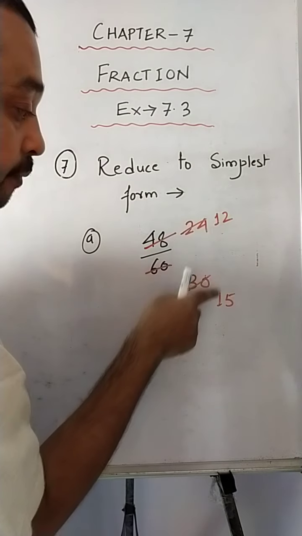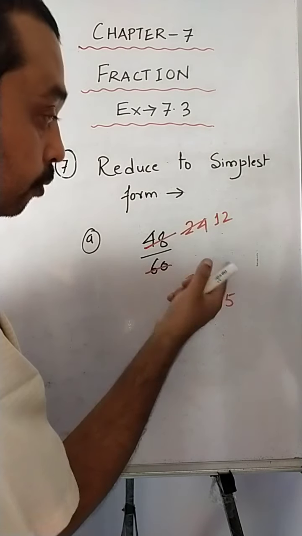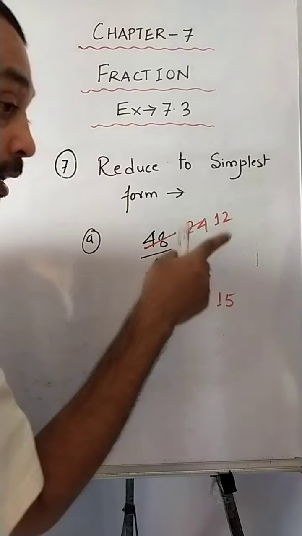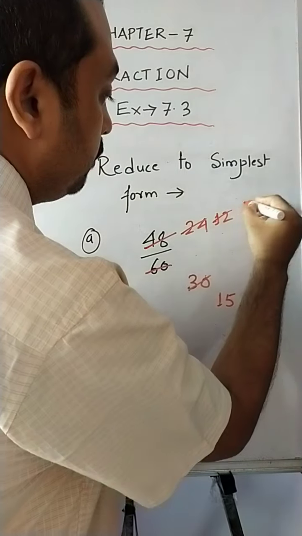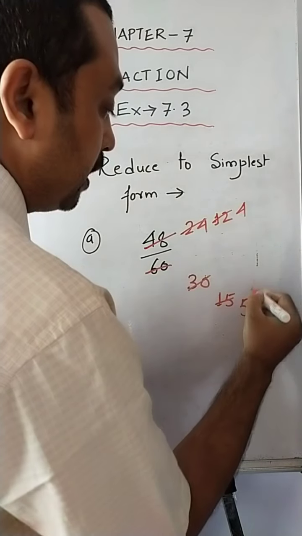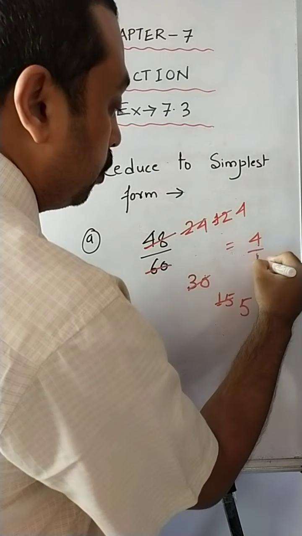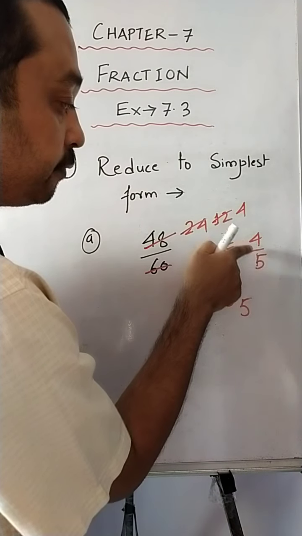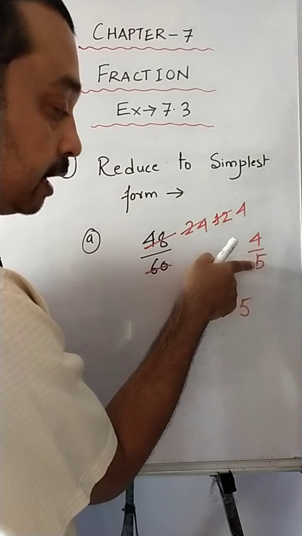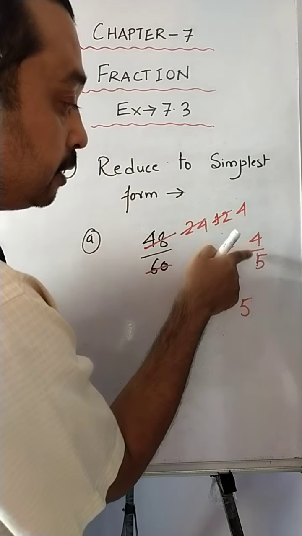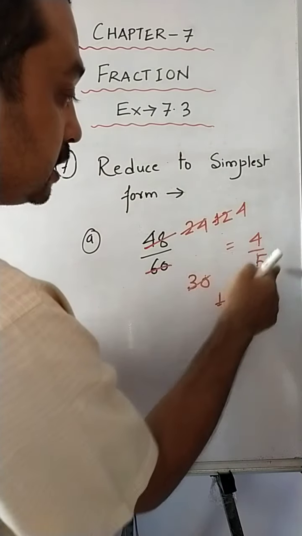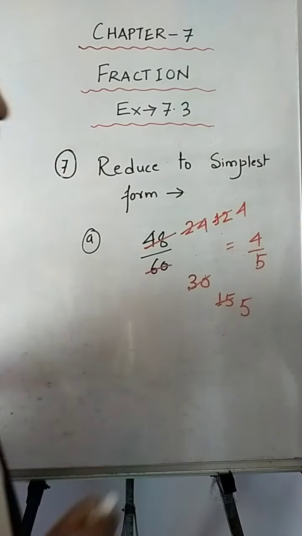So is this the simplest form? No, because these two numbers can again be reduced by 3. 3 4s are 12, 3 5s are 15. Now 4 upon 5. Now you see you cannot reduce 4 and 5 with any number, because they are sharing only 1 as a common factor. So this is the simplest form of 48 by 60.